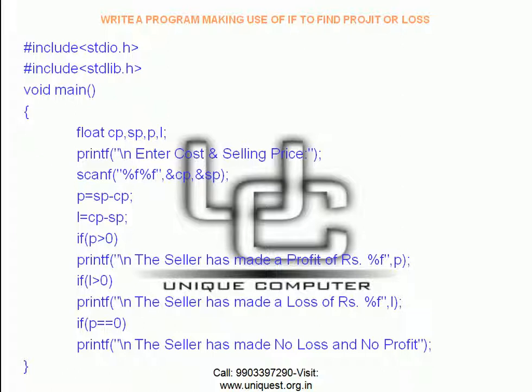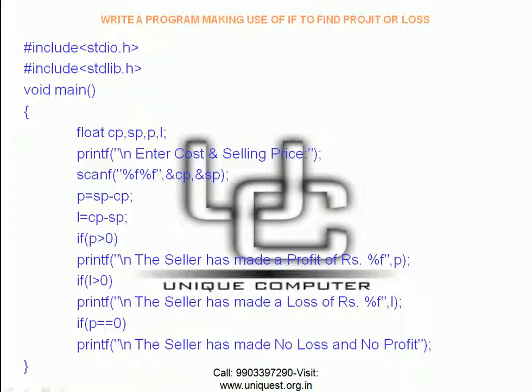So with the following program, what we have realized is that whatever input the user provides between the cost price and selling price, after the comparison has been made with respect to profit or loss, we make use of the operator over here. In this context, we are making use of the relational operator to find out whether P is 0 or L is 0.